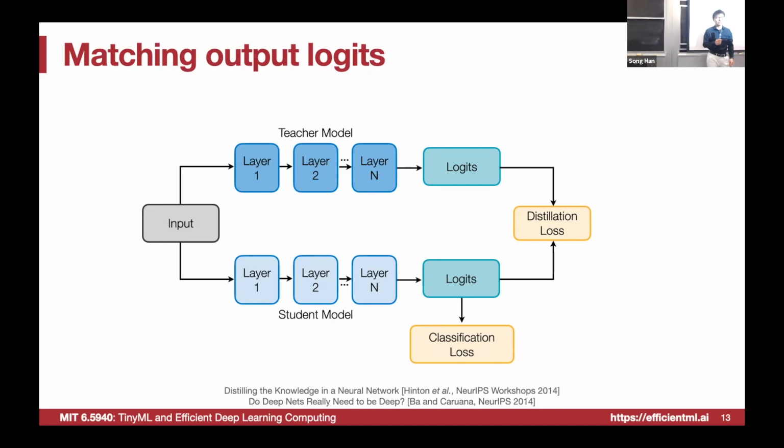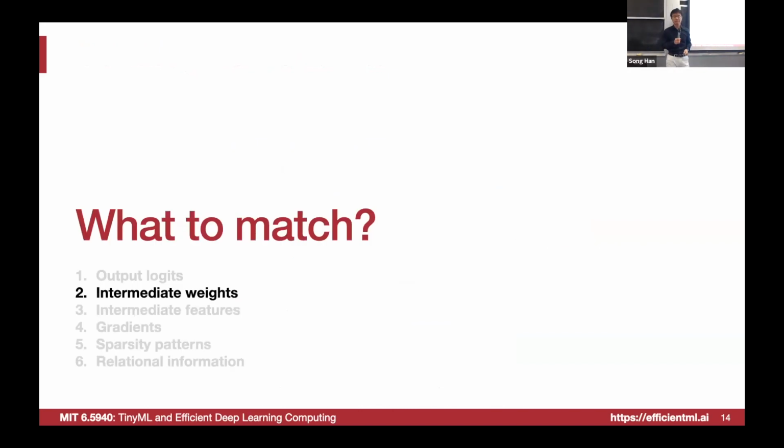Like using the cat and dog example, we have two classes. The last layer's output is either one is 5, one is 1. Then we directly try to match that. We can use different losses. We can use the cross entropy loss. We can also use the L2 loss, different choices to match the teacher's logits and student's logits.